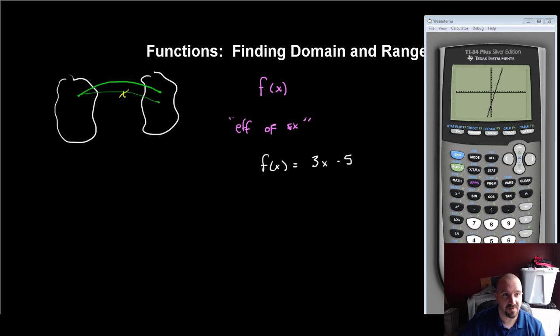So I have a domain question. The domain, remember, is the set of all possible x values. Not the ones you see, but all possible x values. There are certainly a couple of different ways that you can write this.